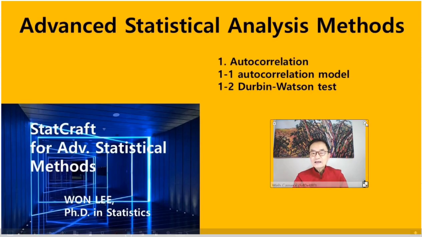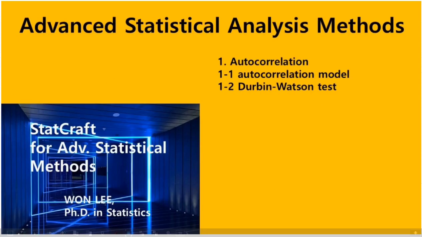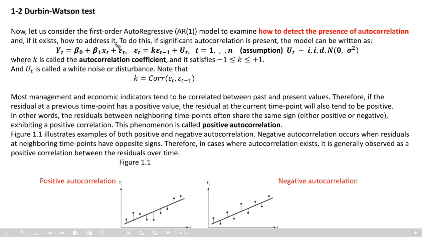Okay, let's see. Here, let's consider the first order autoregressive model, AR(1), to examine how to detect the presence of autocorrelation. If it exists, we have to think about this kind of model.